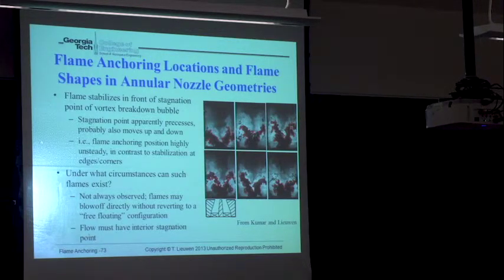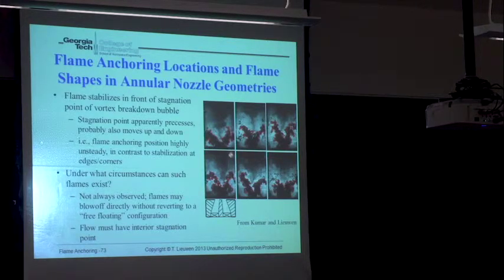In contrast, when you have shear layer stabilized flames, usually that stabilization point stays really put. It parks itself because you have a very well-defined flow separation point. That flow separation point is not moving much, so the flame stays pretty locked down. In contrast, the middle part of the flow is bouncing around.